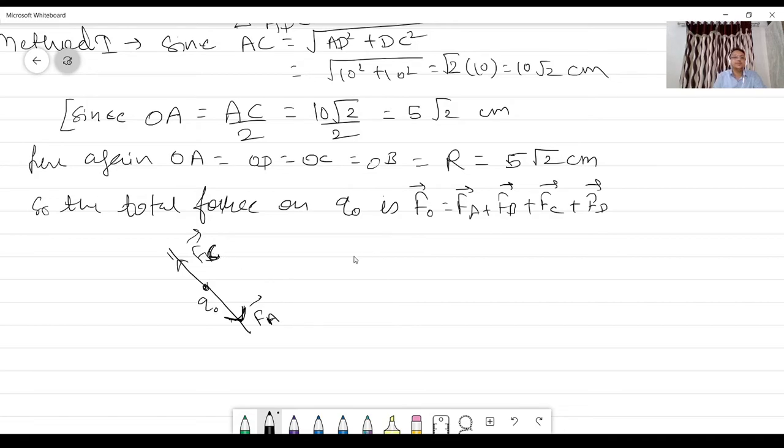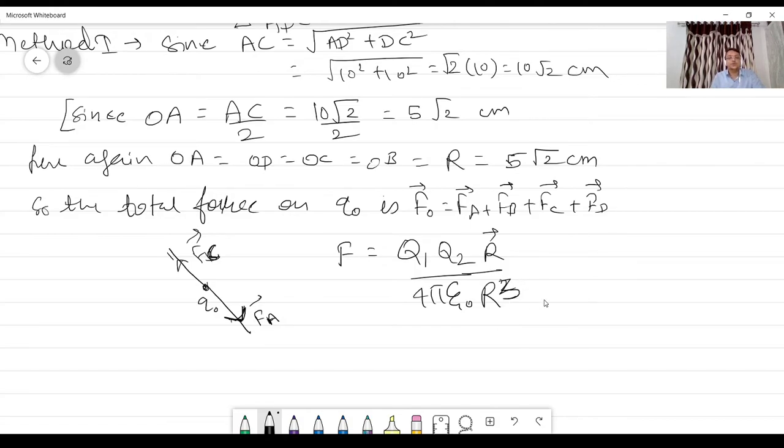So Fa and Fc are opposite from each other. The formula of force by Coulomb's law is this one, where we have two charges q1 q2 upon 4 pi epsilon naught, and here there will be a distance and a vector. So if I want to write in vector form, I should put r hat here.